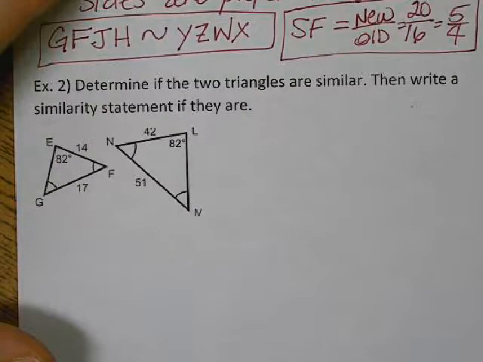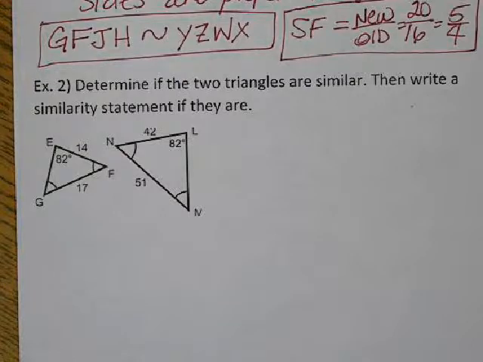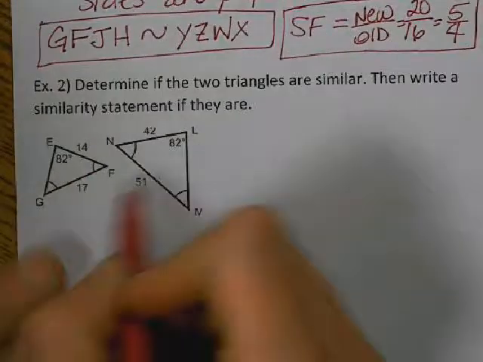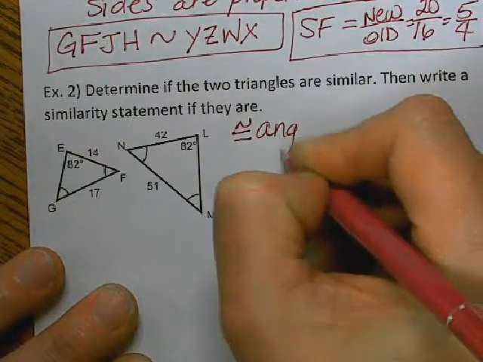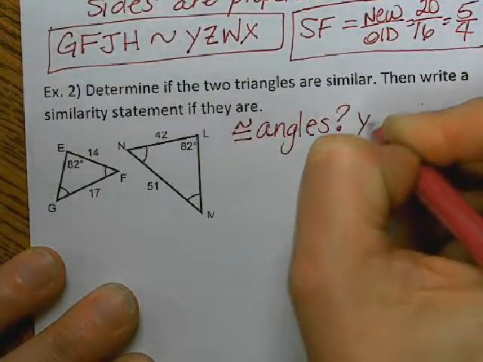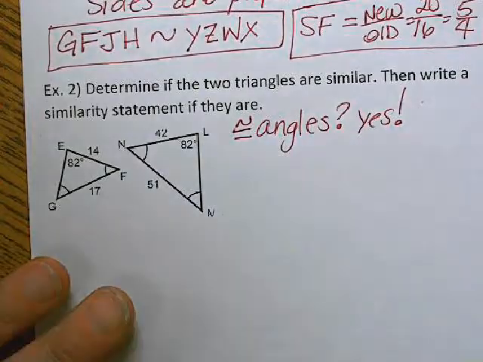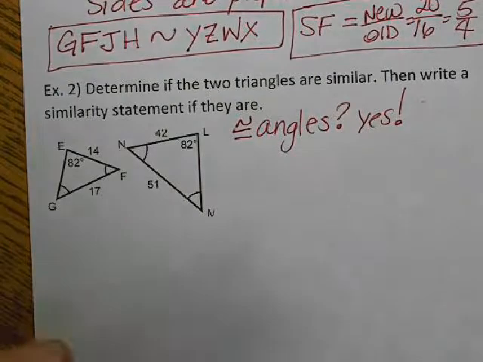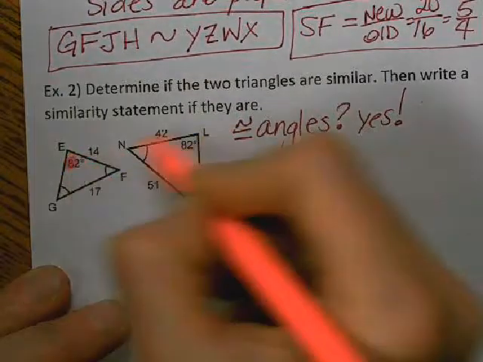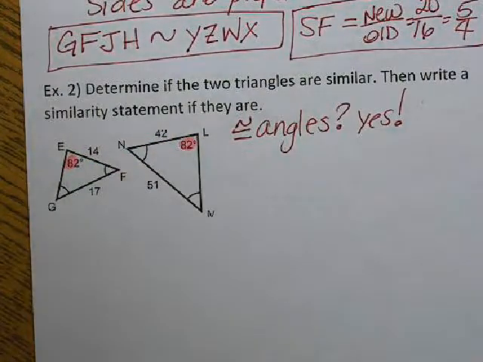Determine if they're similar and write a similarity statement if it's true. So, do they have corresponding angles that are congruent? Yes. So they have congruent angles. Now we have to decide about the sides. Are the sides proportional? So, the best way to do this is to make sure that you're looking at the same two angles.